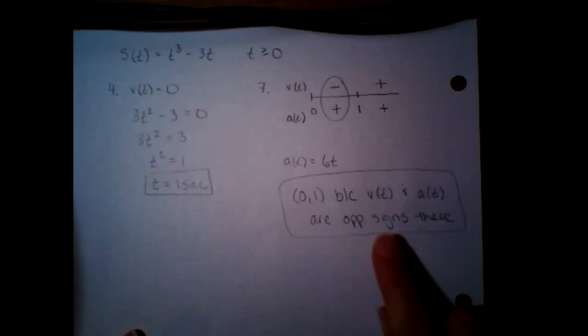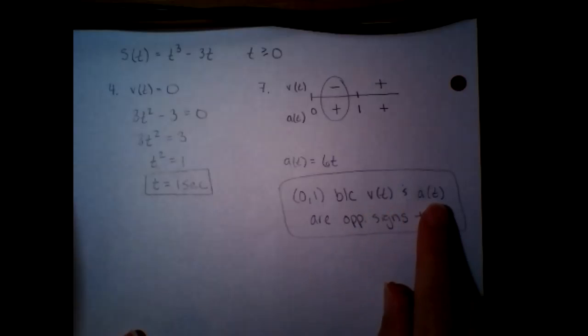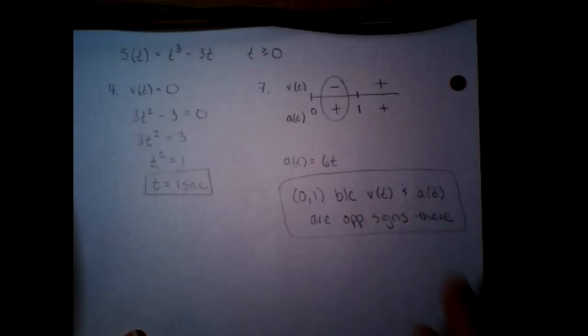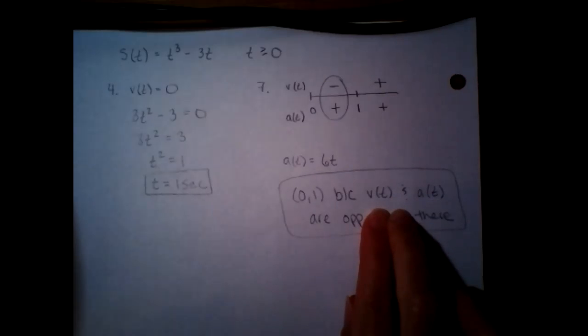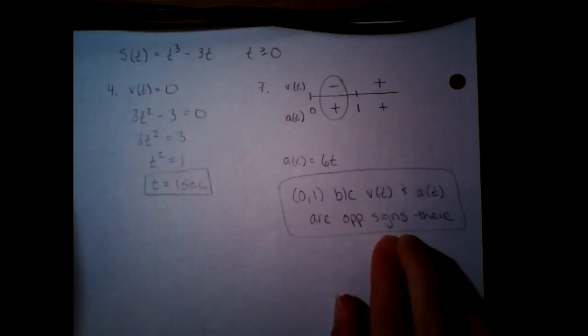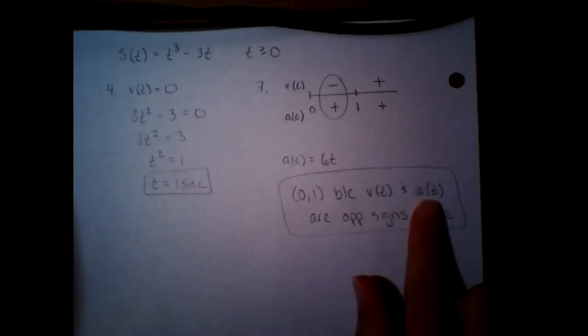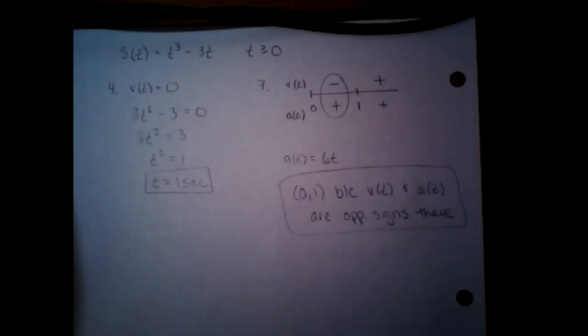You're going to have to say velocity and acceleration. So you have to mention those. Also, if you don't say signs, if you just say they are opposite, they won't give it to you because they aren't opposite. It's their signs are opposite. So just make sure you write it exactly like I'm showing you, because if you leave any part of that out or change it, they will not give you the points.